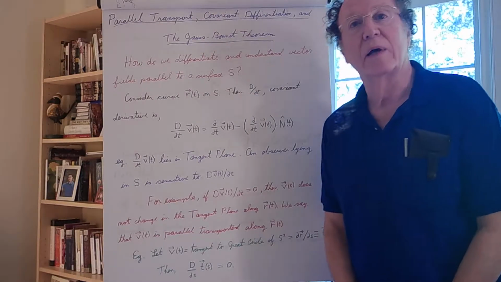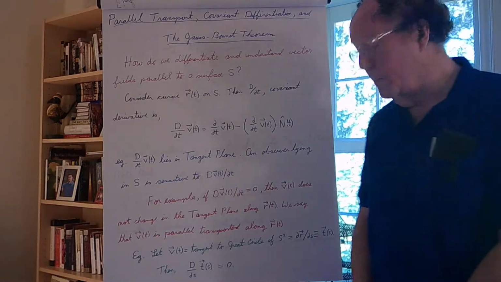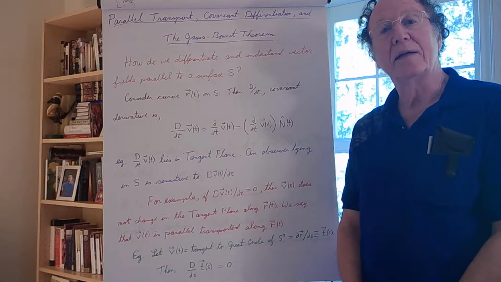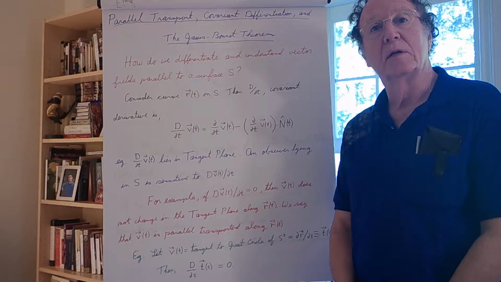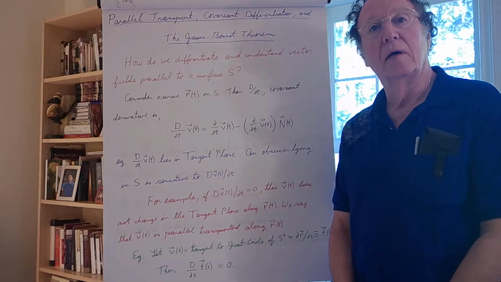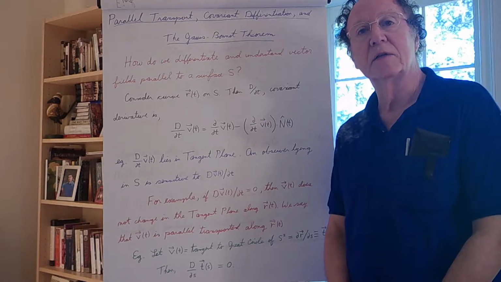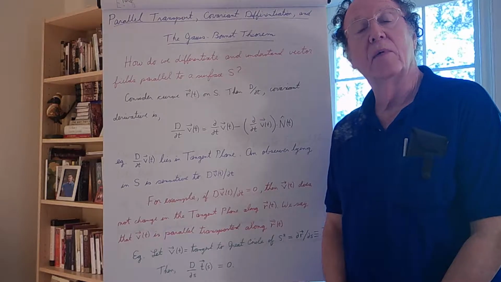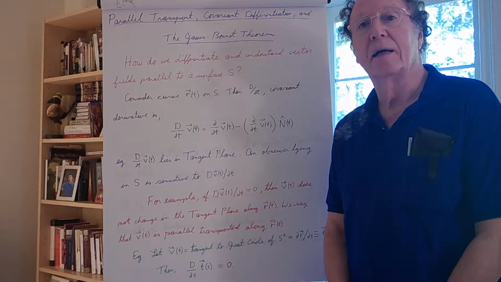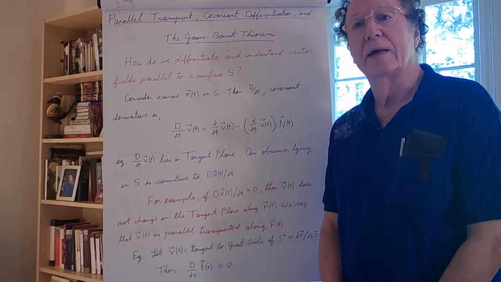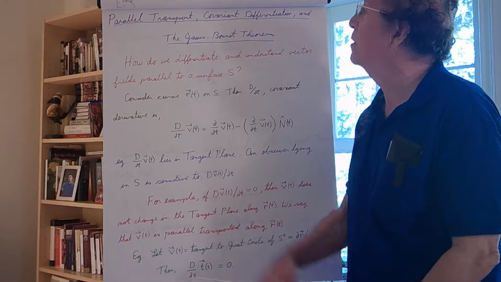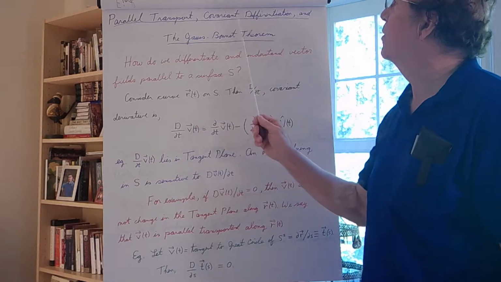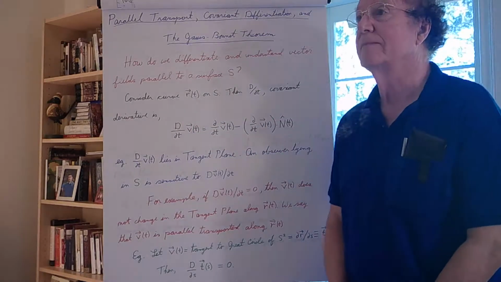Now, however, we have a curved space, and so the tangent planes to different points have different orientations, of course, and so we have a concept of parallelism that has to be generalized to such a situation, and that's what we'll be doing with parallel transport and covariant differentiation.